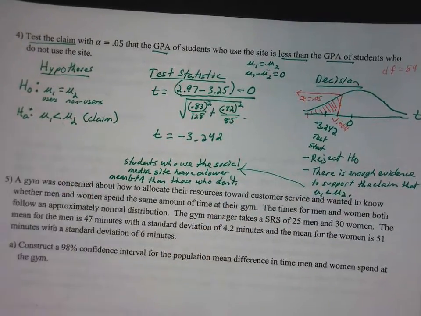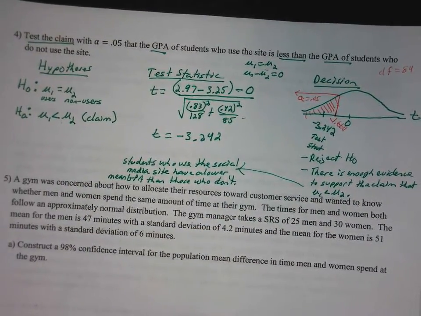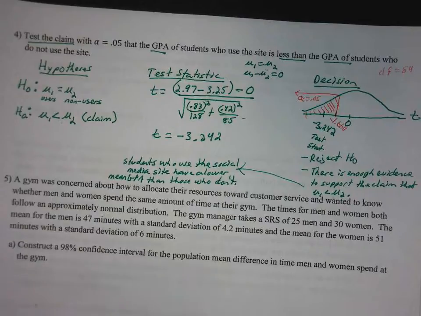I shortened that up a little bit. Basically saying that it does appear that the students that use the site have a lower mean GPA, in the population now, have a lower GPA than those who do not use the site.